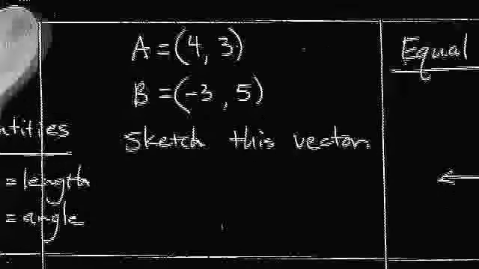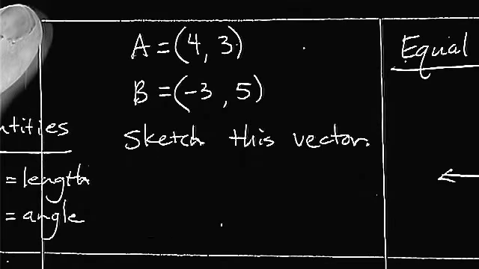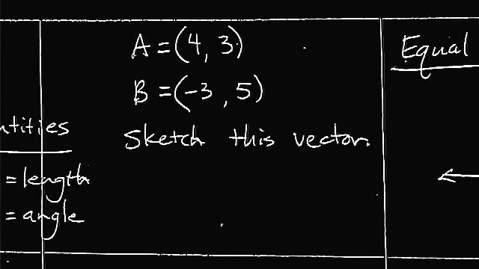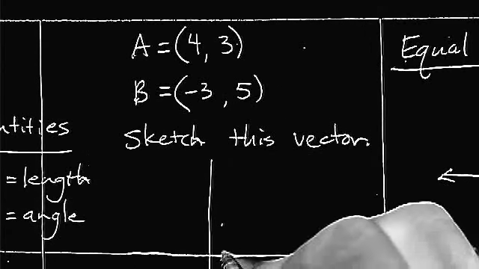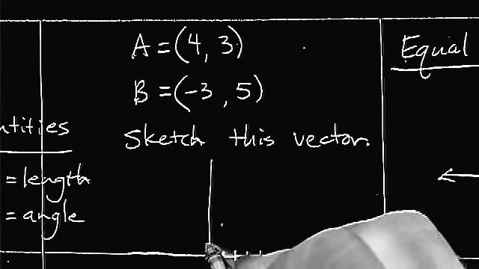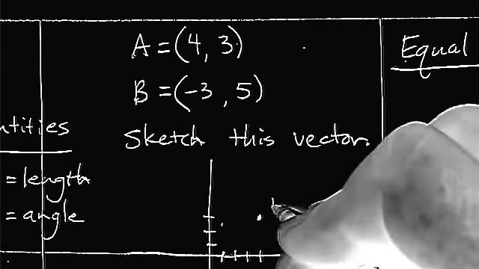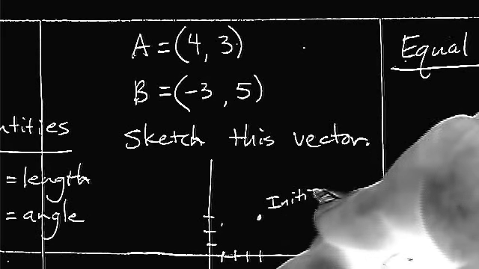You're going to also be asked to sketch a vector given 2 coordinates. So you notice in the last 2 examples I drew it starting at the origin. That's not necessarily true all the time. You may be given 2 coordinates like this. So for example, 1, 2, 3, 4, 1, 2, 3 is the initial point. They call that one the initial point.